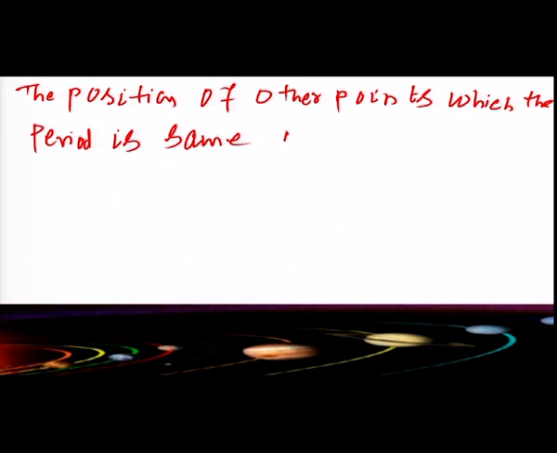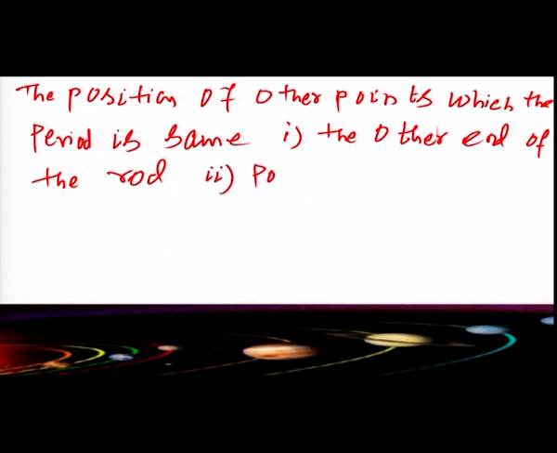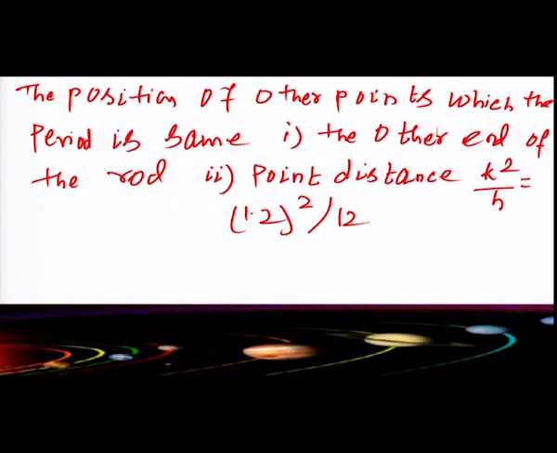Therefore, number 1 is the other end of the rod, and the second is the point at a distance k squared by h, that is equal to 1.2 the whole squared by 12 divided by 0.6.